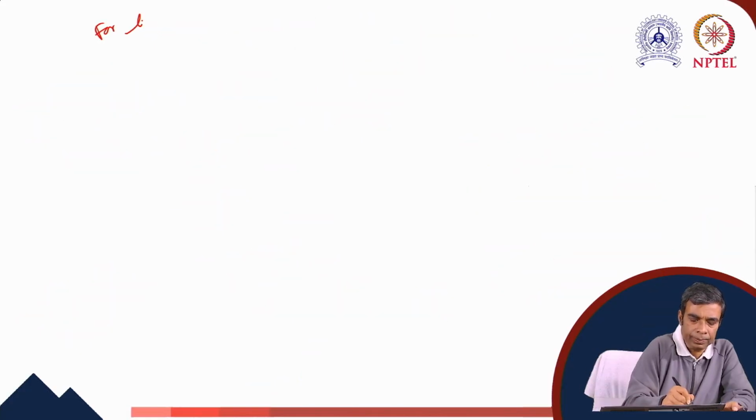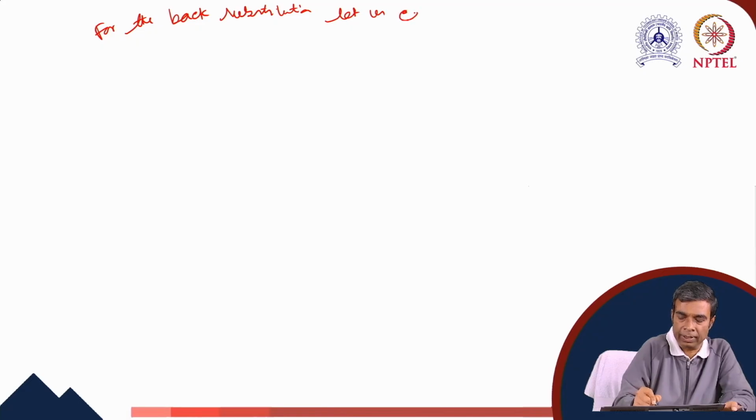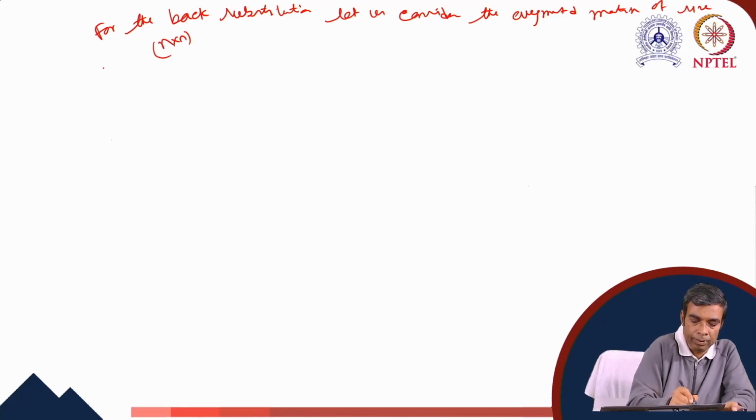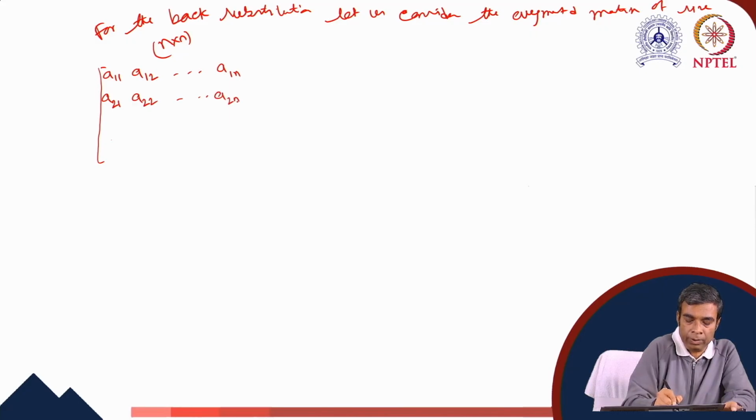For the back substitution, let us consider the augmented matrix of size n by n: A11, A12 up to A1n, A21, A22 up to A2n, An1, An2 up to Ann.